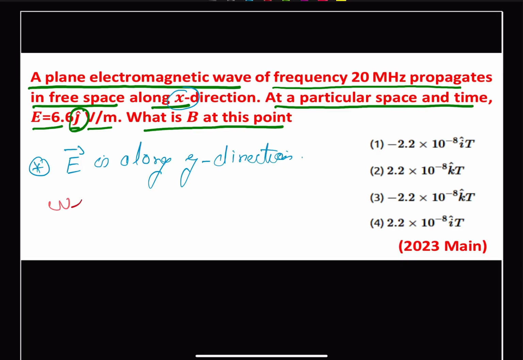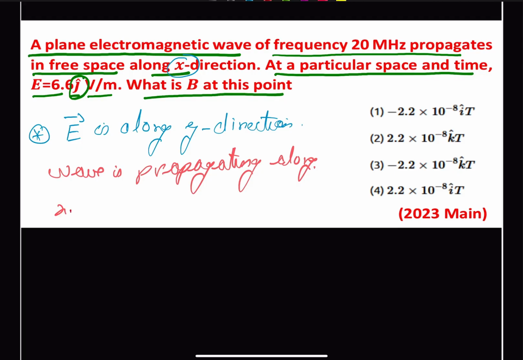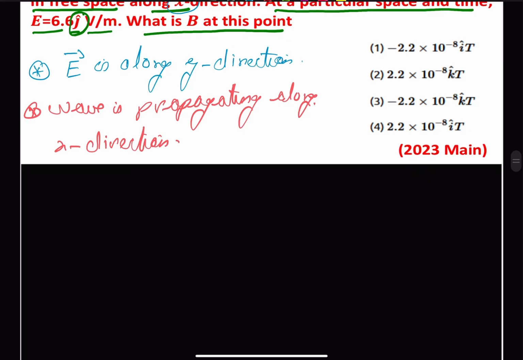We know that the electric field is always perpendicular to the magnetic field, and is always perpendicular to the direction of propagation.